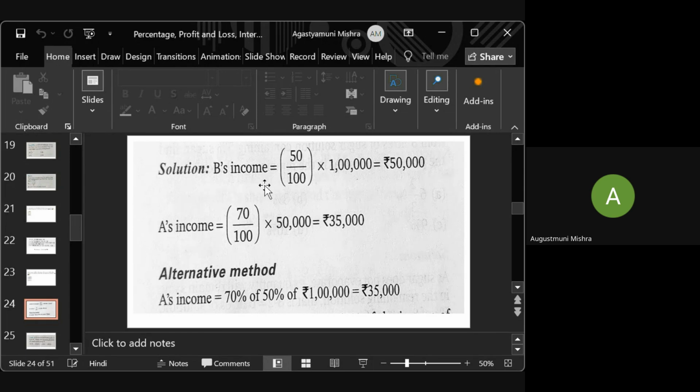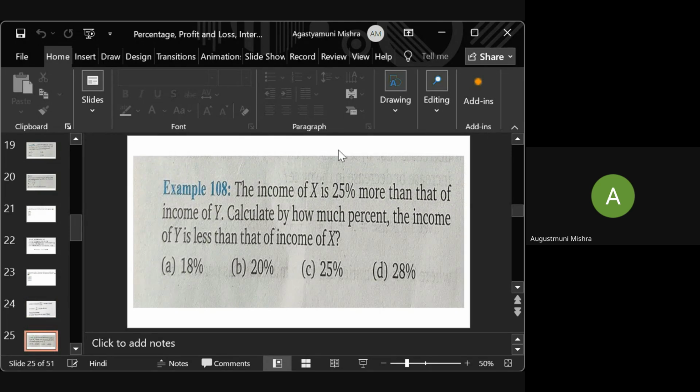Okay, I think that is very easy, so I am changing the slide right now. You can start solving it.